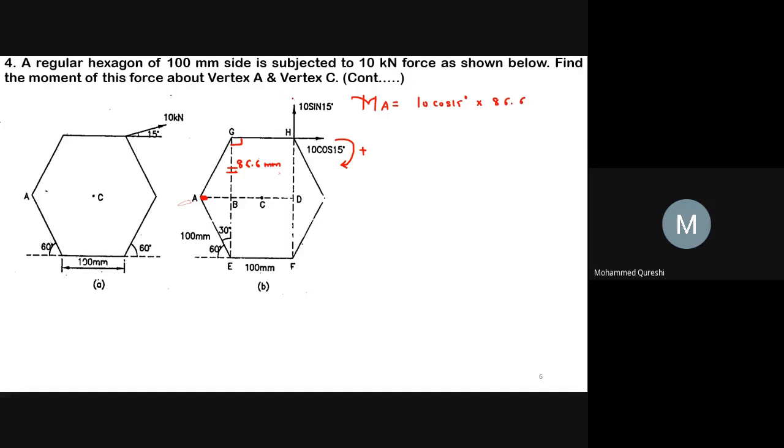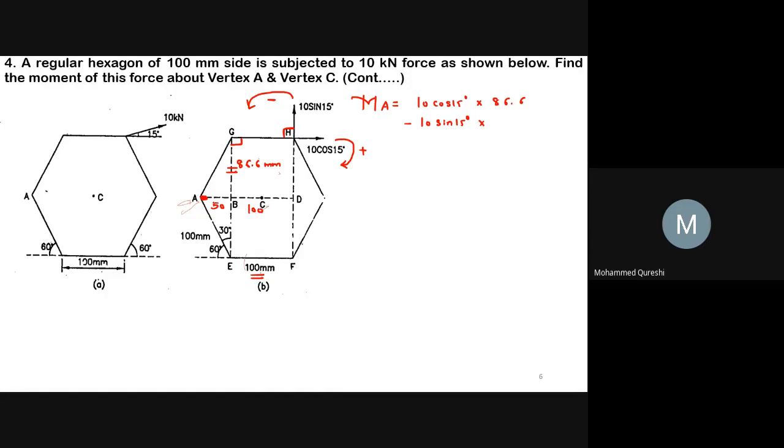Now 10 sin 15 will move towards point A in anti-clockwise direction, and hence it will be taken as negative, minus 10 sin 15 into, this makes perpendicular distance with respect to point A as 100, and AB we had calculated earlier as 50.